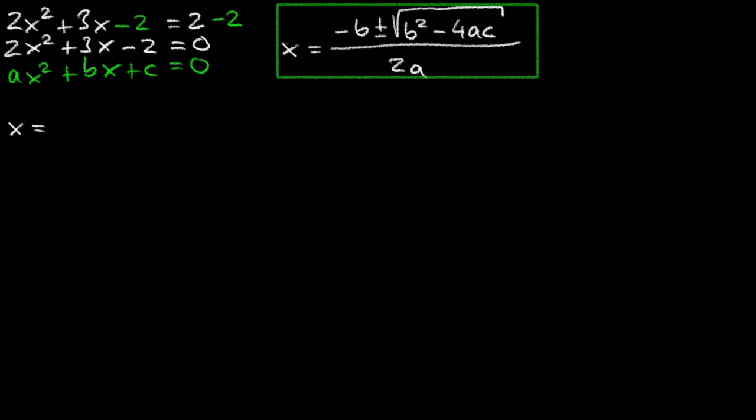X equals negative 3 plus minus the square root of 3 squared minus 4 times 2 times negative 2. And on the bottom we have 2 times 2.